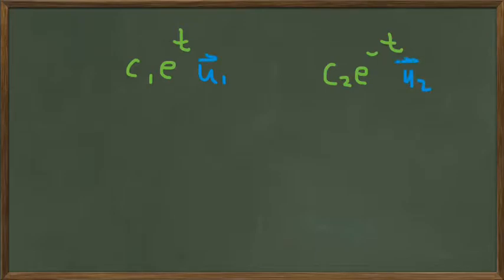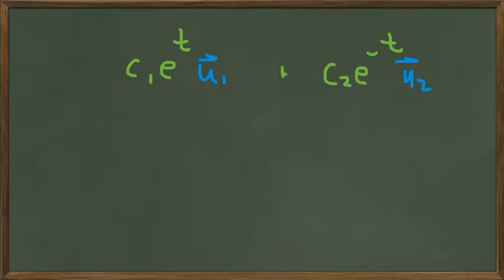So we already know that our solution has this as part of its structure and this as part of its structure, and we're looking for those eigenvectors u1 and u2 that go here and here.